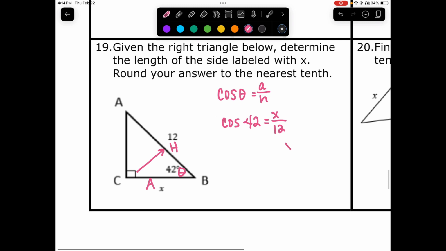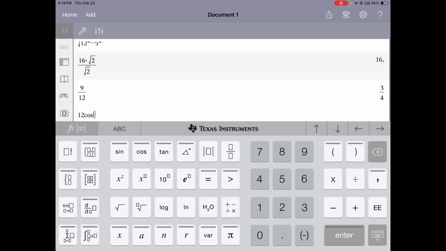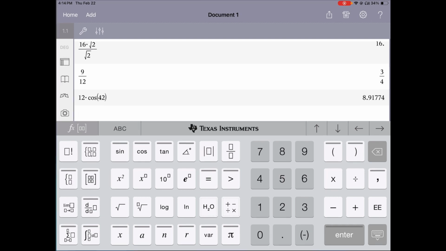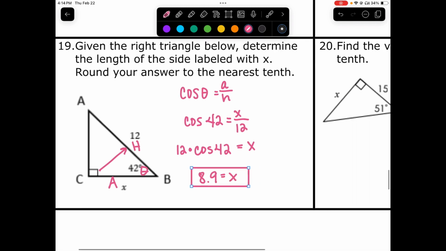When x is on top, we multiply. So 12 times cosine 42 is what we're going to put in the calculator. So we get 8.9. Go ahead and try number 20.